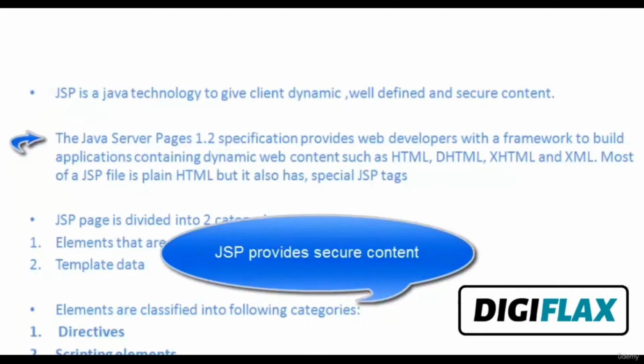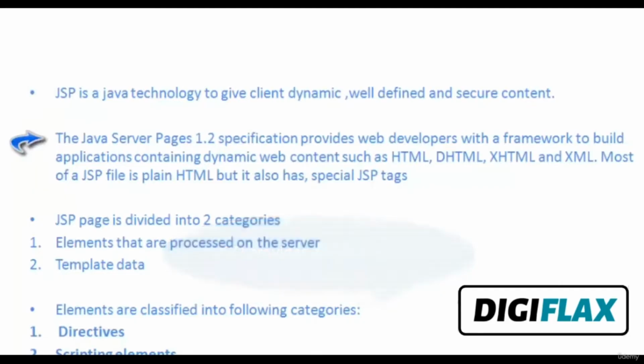The JavaServer Pages 1.2 specification provides web developers with a framework to build applications containing dynamic web content such as HTML, DHTML, XHTML and XML. Most of a JSP file is a plain HTML, but it also has special JSP tags.